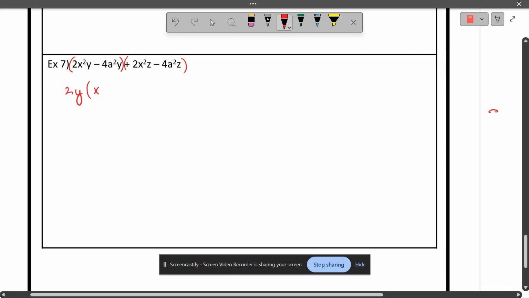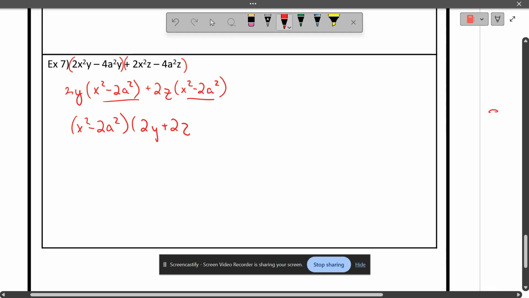So then x squared minus 2a squared. And I can pull out a 2z. So then I have x squared minus 2a squared. So these are my 2 greatest common factors. So my x squared minus 2a squared, and then I have 2y plus 2z.